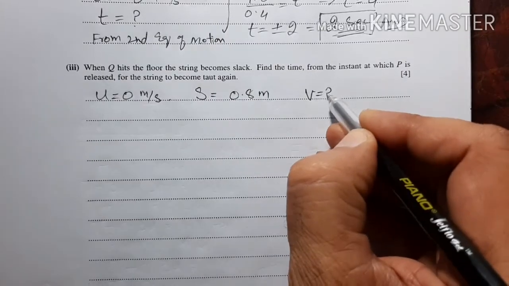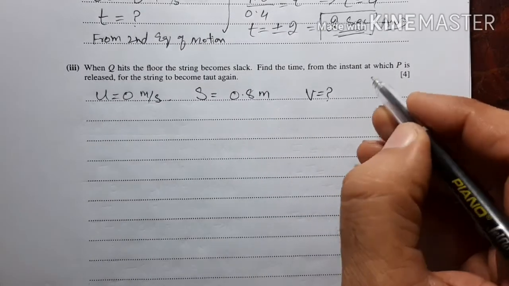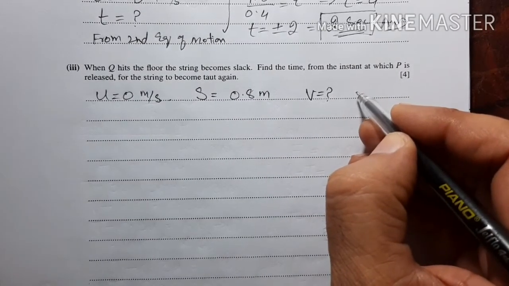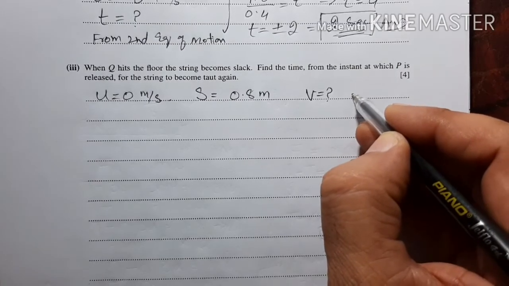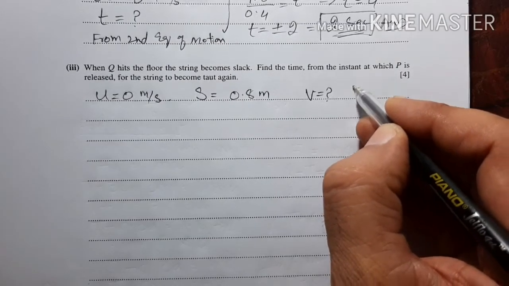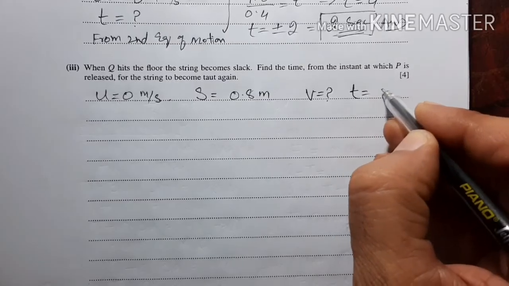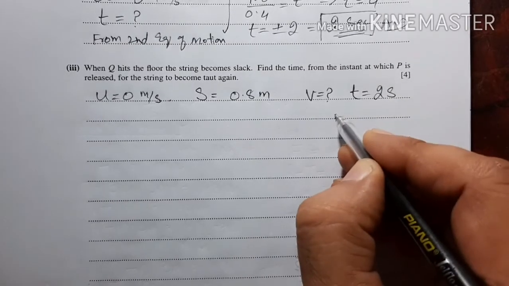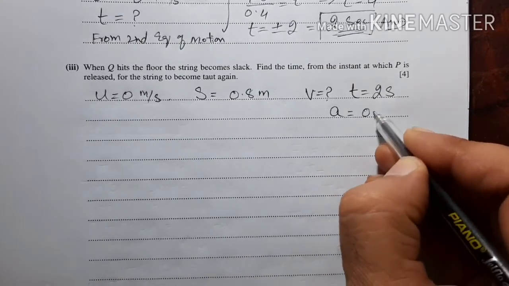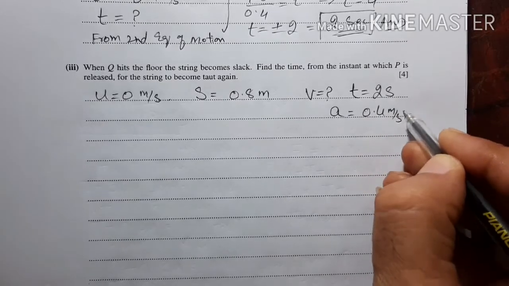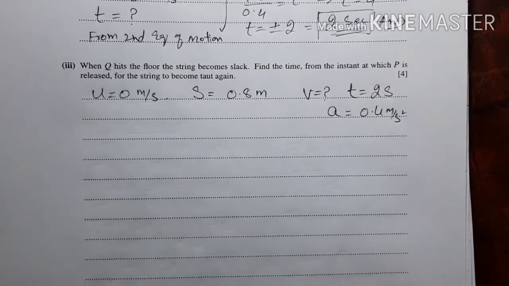V we need to find, and time is 2 seconds. And acceleration is 0.4 meters per second square. So these are all things we know from the previous part.